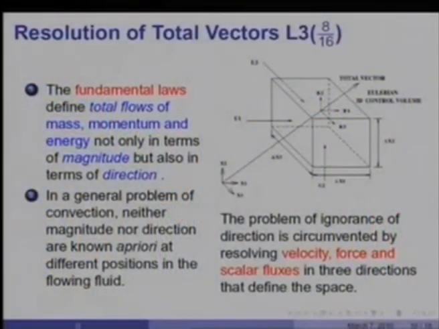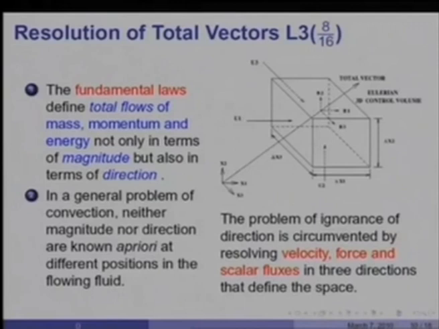Now, there is still one more matter to be settled. The fundamental laws by themselves are pretty useless in many ways. Firstly, the fundamental laws apply only to total flows of mass, momentum, and energy. They define total flows both in magnitude as well as in direction.